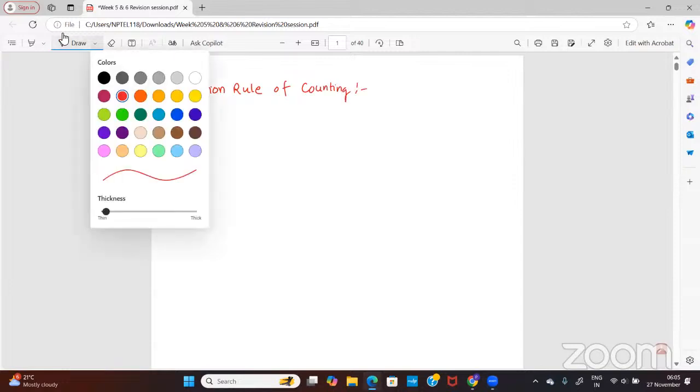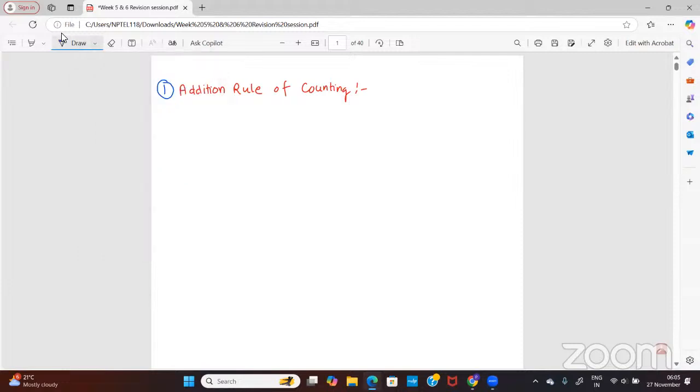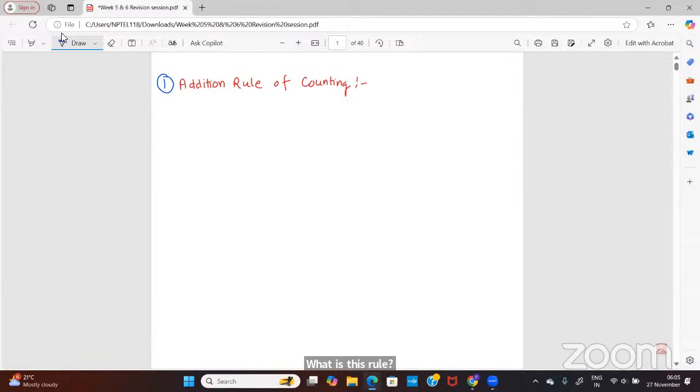What is this rule? Anyone? Suppose we have an action A that can be done in n1 different ways, okay?